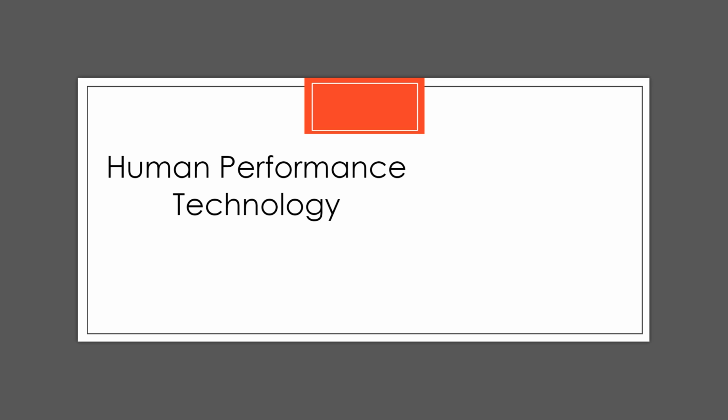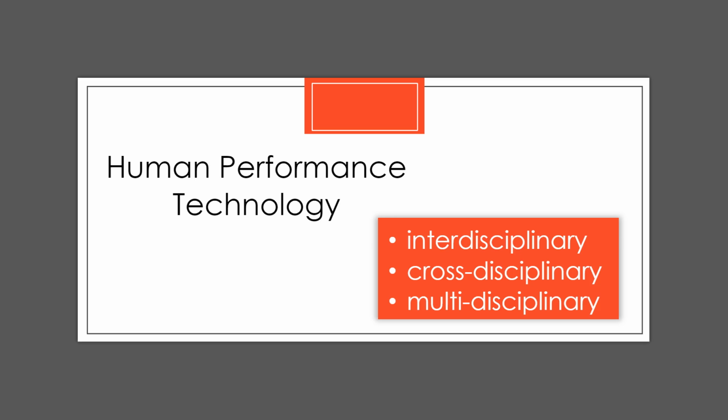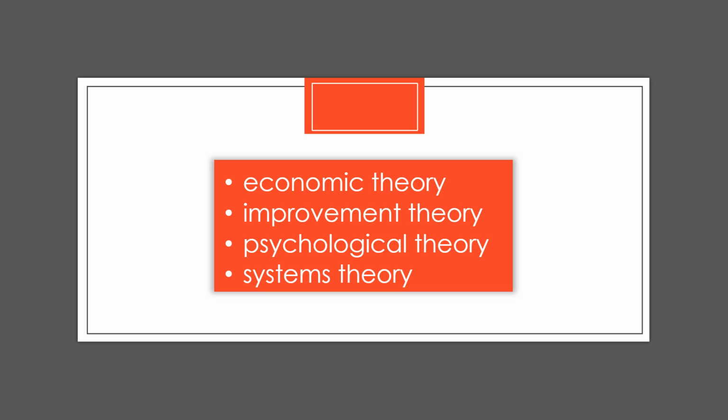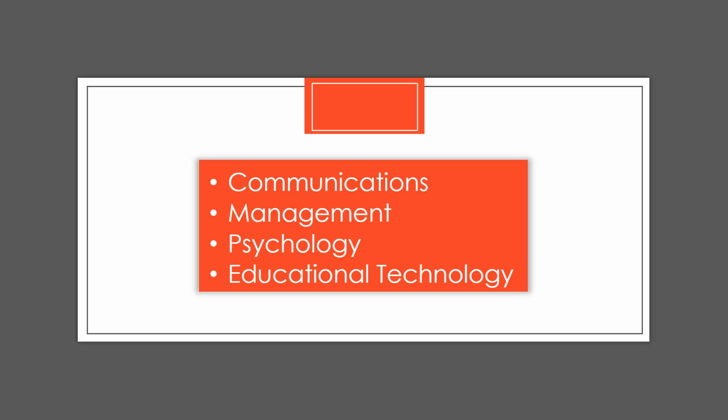Human performance technology is interchangeably described as an interdisciplinary, cross-disciplinary, and multidisciplinary field because it's impacted by and has its roots in multiple theories, such as the economic theory, improvement theory, psychological theory, systems theory, and also receives influence from the adjacent fields of communication, management, psychology, and instructional technology.